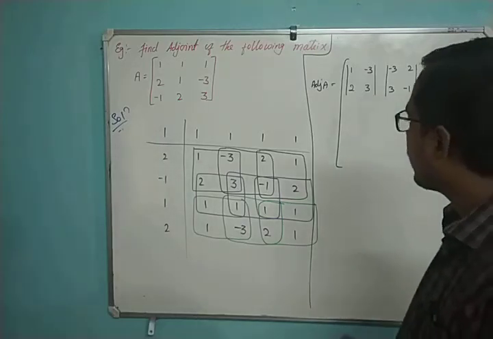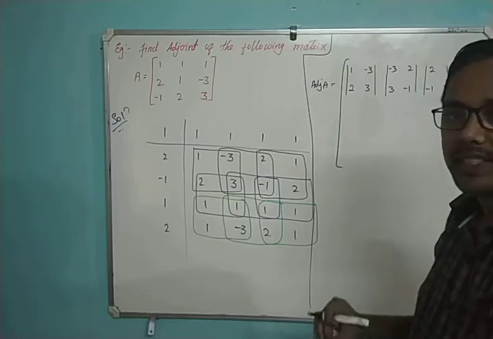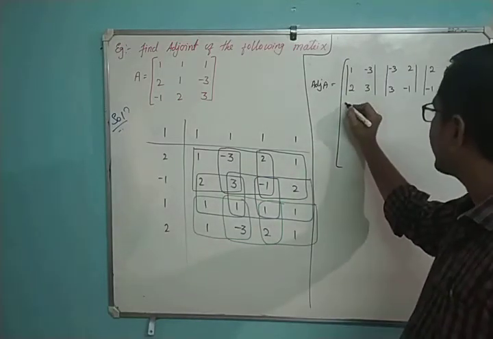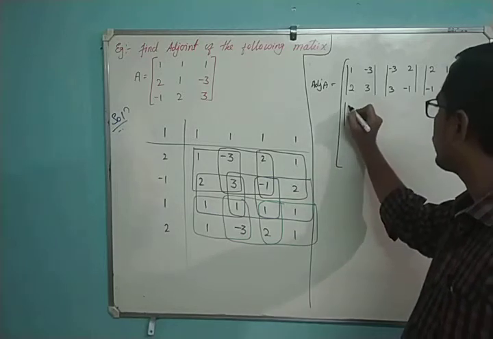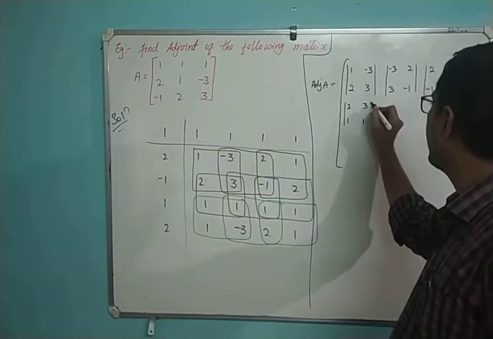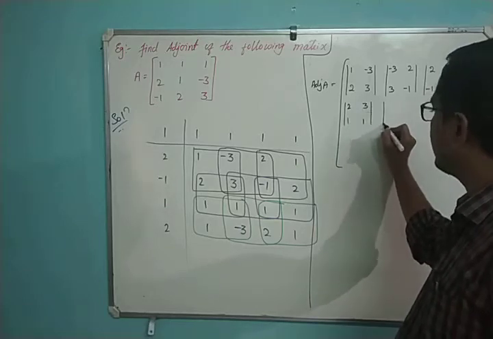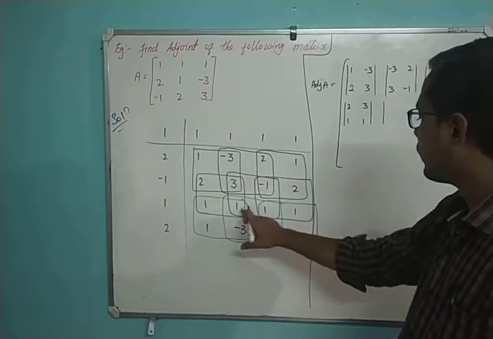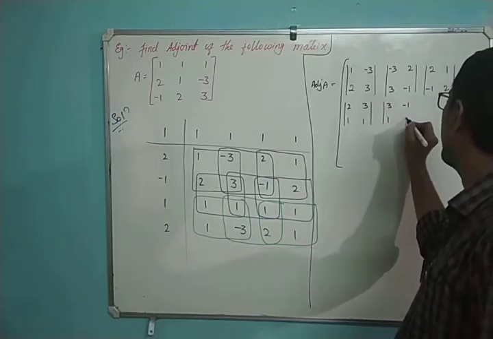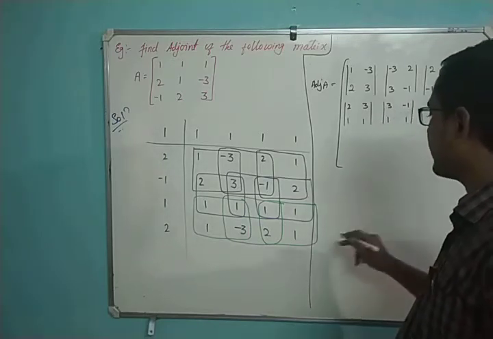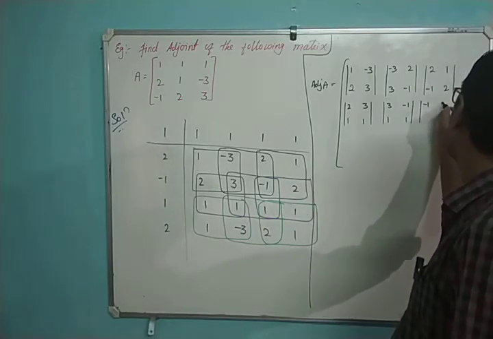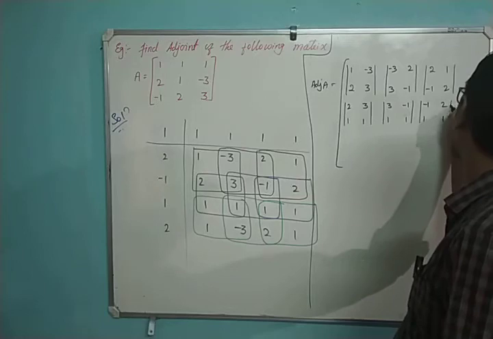Okay. Now these are 3 determinants in first row. Then second row we have 3 boxes. Write them as 3 determinants. 2, 3, 1, 1. Second box is 3, minus 1, 1, 1. And third box is minus 1, 2, 1, 1.